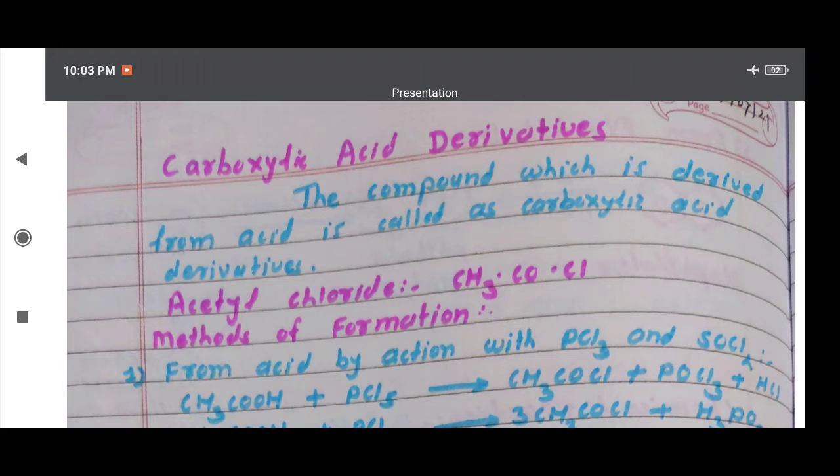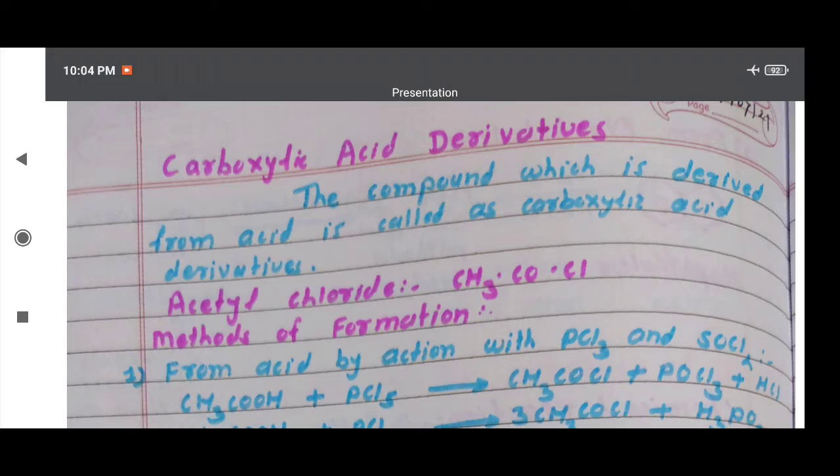In the IUPAC system, acid chlorides are named by replacing the E ending of the parent alkane by OYl chloride. The electron withdrawing inductive effect of chlorine makes it more electrophilic and more reactive towards nucleophilic acyl substitution.